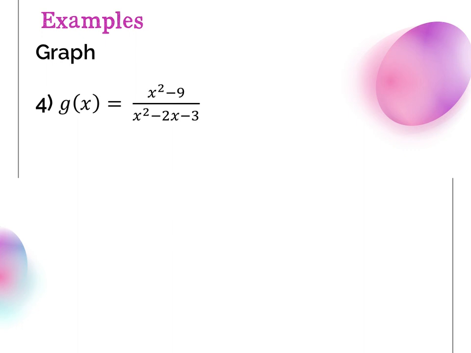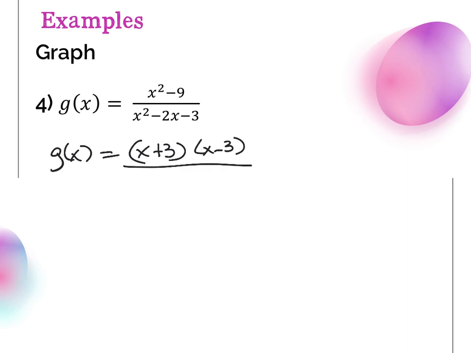So again, step 1, we should always try to simplify the rational function. I'm going to factor the numerator and factor the denominator. So g of x is equal to (x plus 3)(x minus 3). This is the difference of 2 squares. The denominator I can factor into (x minus 3)(x plus 1).